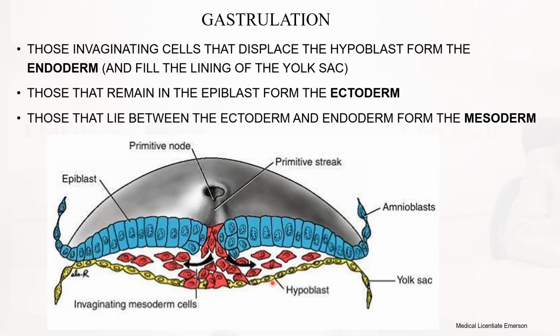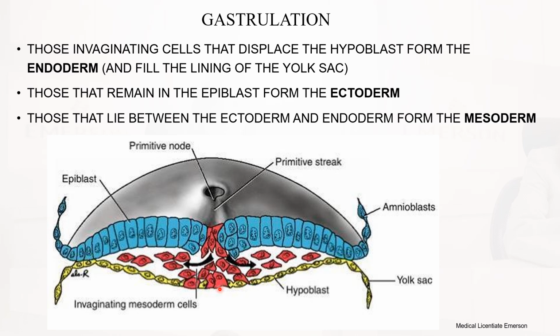So the invading mesoderm cells that displace the hypoblast are going to form the endoderm and fill the lining of the yolk sac. This is the lining of the yolk sac. So these invading cells replace the hypoblast and together line the yolk sac. Then they will be called the endoderm.